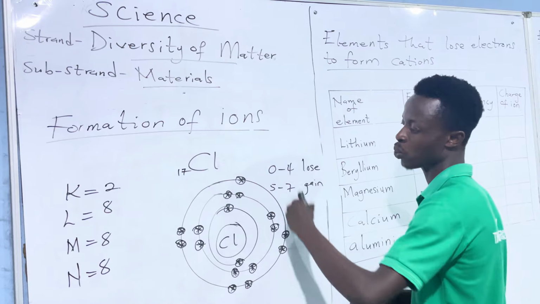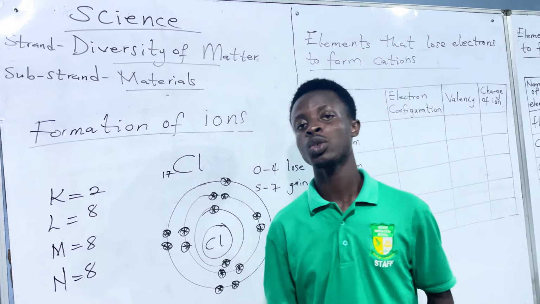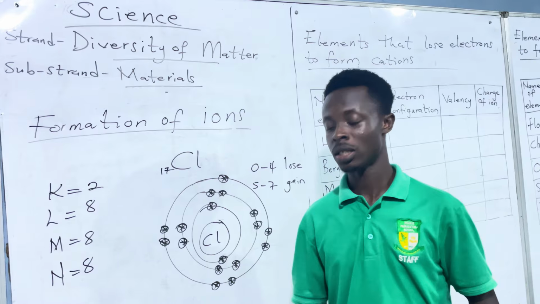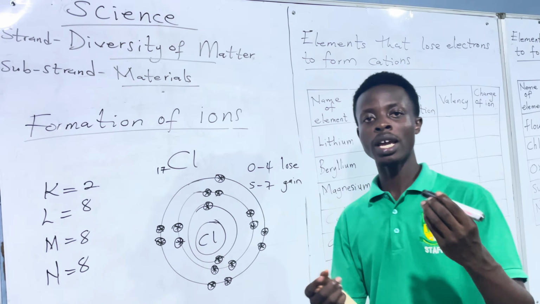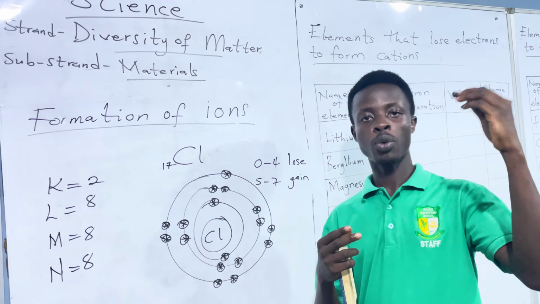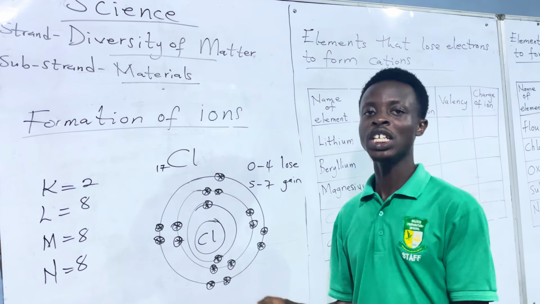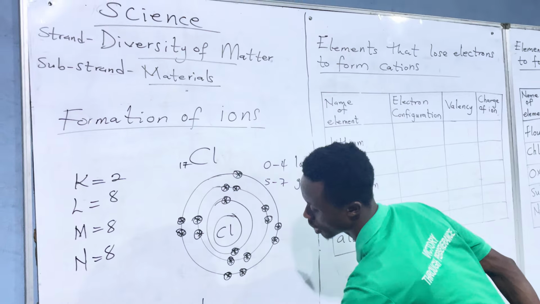When it gains 1 electron, the number of electrons will be higher than the number of protons, which are positive charge. So when it gains more electrons than protons, it becomes what? Negatively charged.